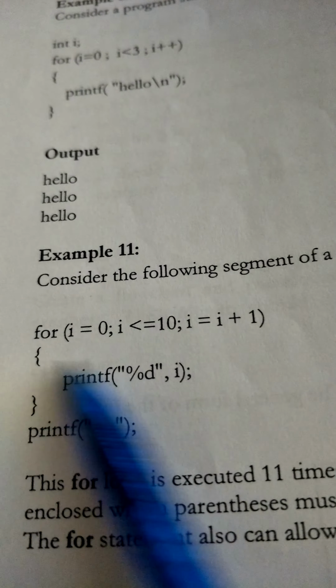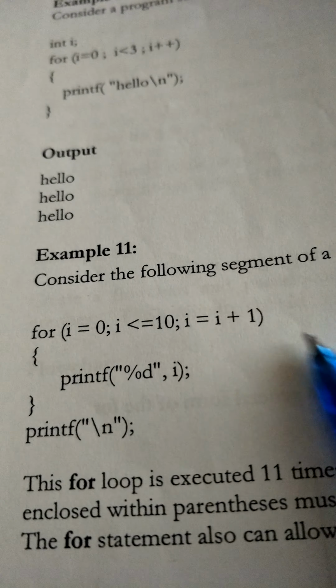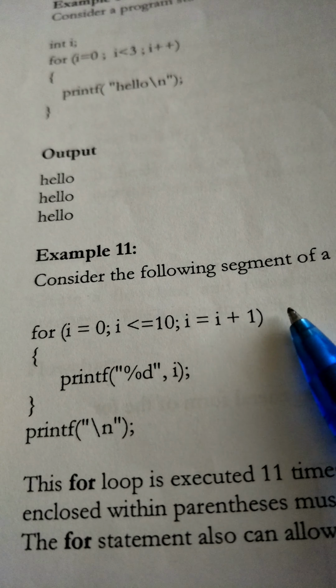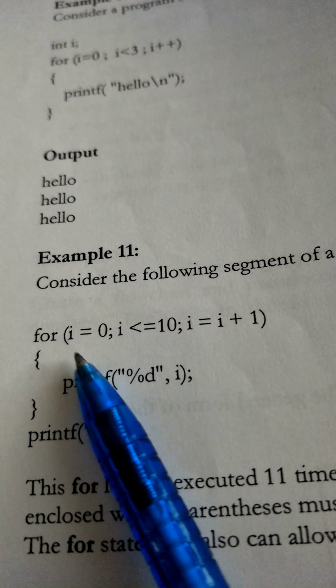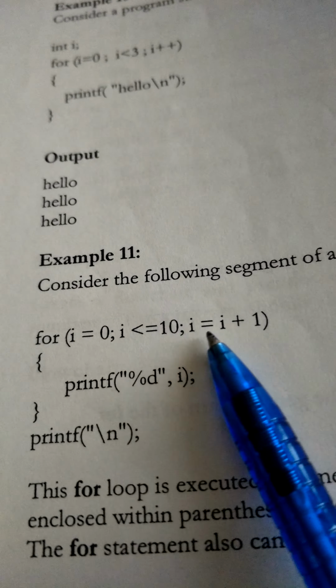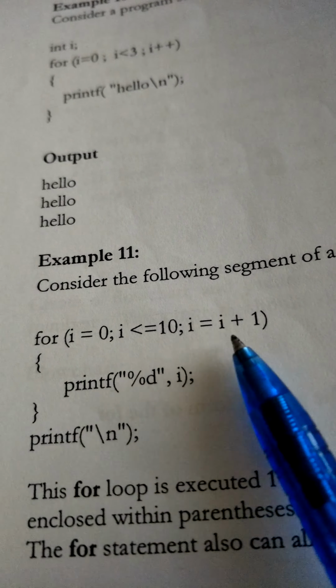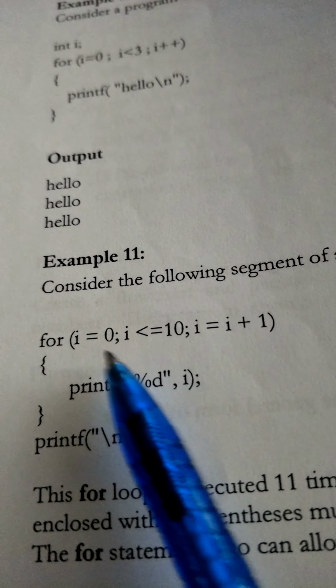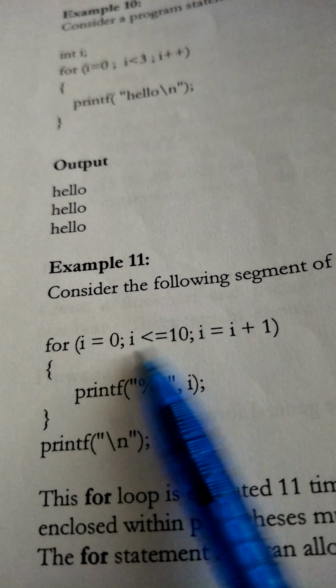We have for, then we put the brackets, and at the end there is no semicolon. Here we have the initial value, here we have the condition, and here we have the increment of the initial value. In between you put a semicolon.